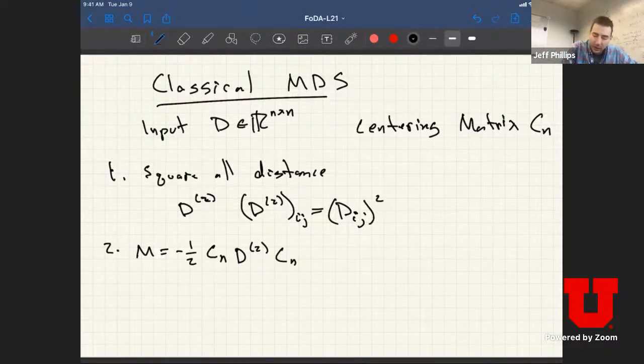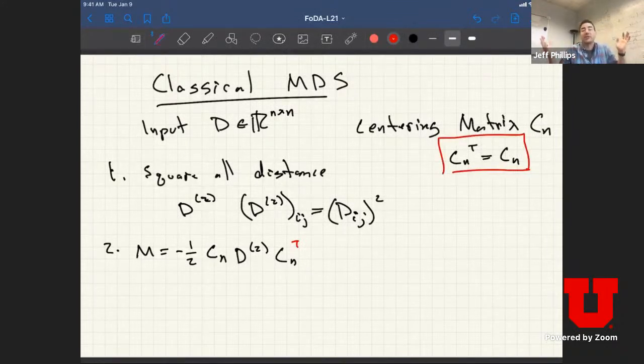What this is really doing is using the transpose of the centering matrix for the second one. I can think about having a transpose there, but the centering matrix is its own transpose, so I don't need to write the transpose. I've squared the elements and I'm centering it on both sides. This is called double centering.